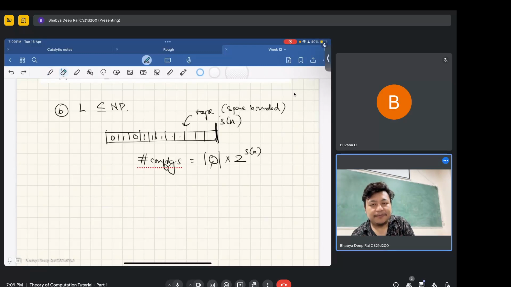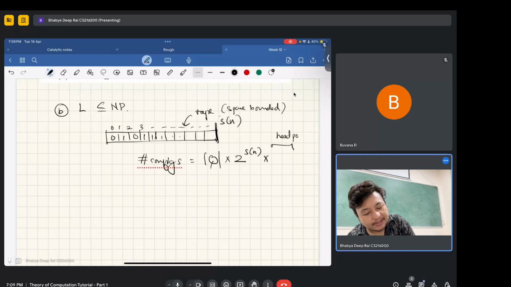And the head position, right? The head position can be 0, 1, 2, 3, and so on till S(n), so it can have S(n) many values. The number of states is always constant for a given Turing machine.